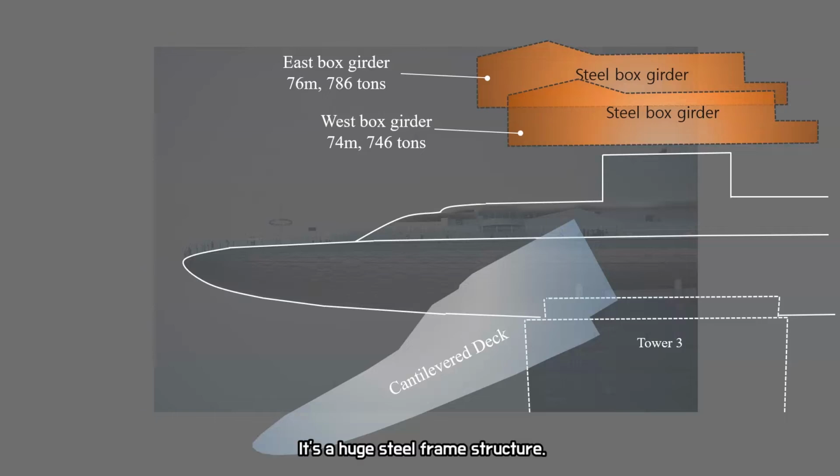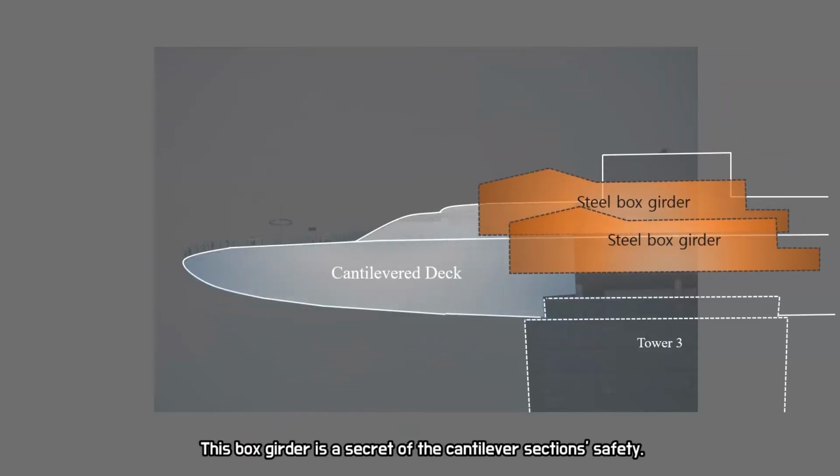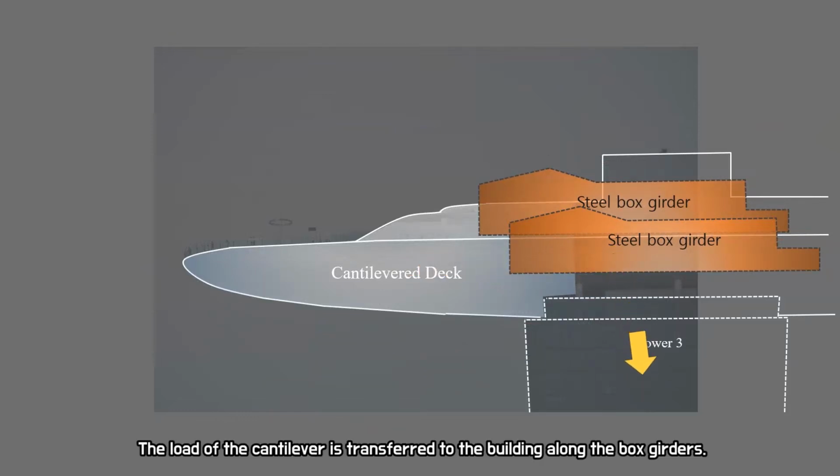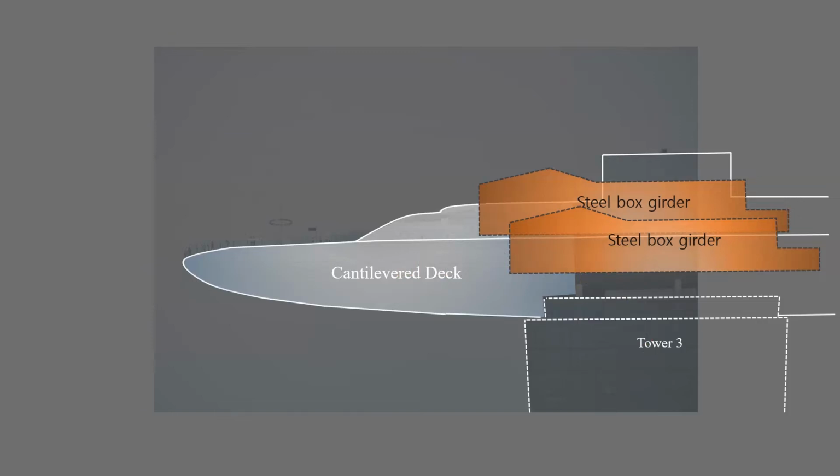It's a huge steel frame structure. This box girder is the secret of the cantilever section's safety. The load of the cantilever is transferred to the building along the box girders.